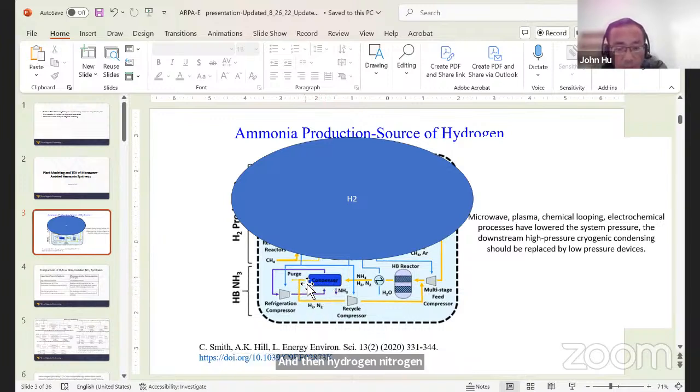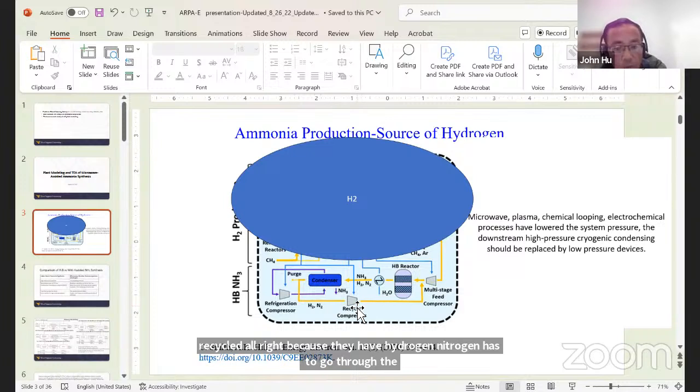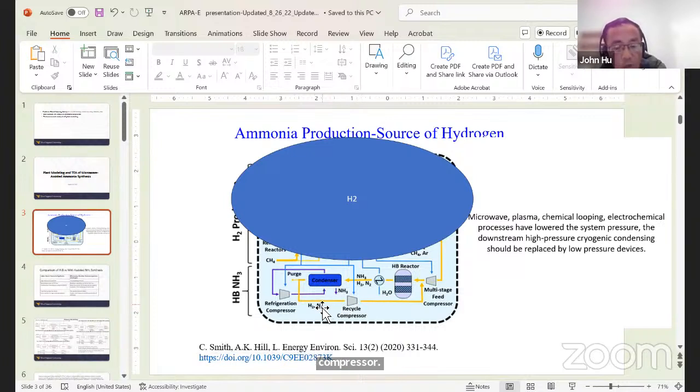Is that right? Because the hydrogen and nitrogen have to go through the compressor and then be recycled. Here's the question: after the condenser, why do you have to compress the gas in order to recycle?